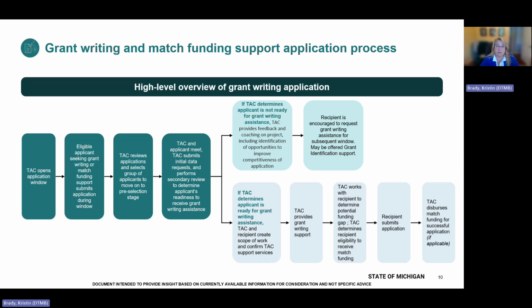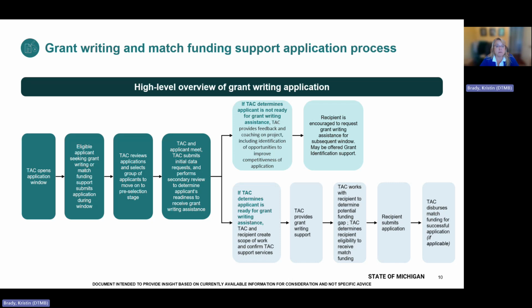We'll look at if the gap is something that the Michigan Infrastructure Office can fill with a commitment, and if it is not, we'll negotiate back and forth. We may point you in the direction of other potential match if there is something available, and negotiate that match commitment as you're writing the application.